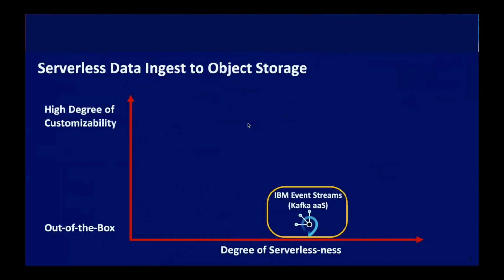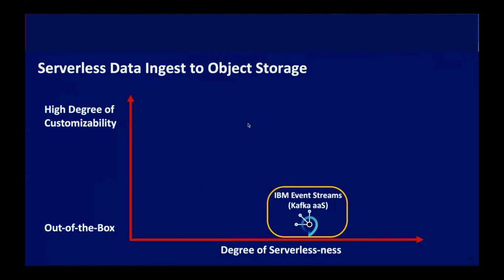The most straightforward thing that you can use is IBM Event Streams, which is IBM's Kafka as a service. It's really just pretty much Kafka with topics and message queues that is available as a managed service in the IBM Cloud, and there's a straightforward connector, the so-called Cloud Object Storage bridge, that you can configure in order to land the messages that come in more or less directly in Cloud Object Storage.